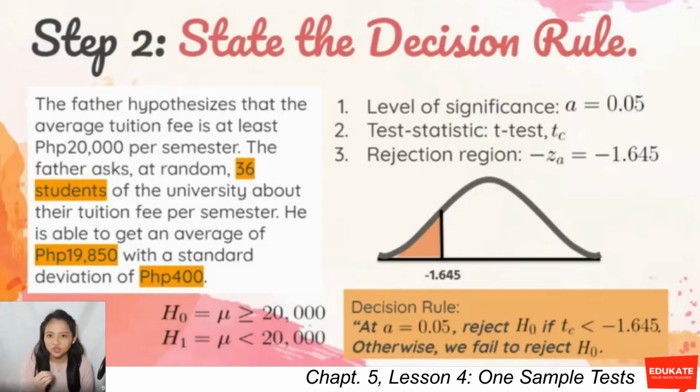So ang rejection region nasa left. So negative z sub a equals negative 1.645. So our critical value would be negative 1.645. Thus, our decision rule would be at alpha equals 0.05. We reject the null hypothesis if the computed test statistic is less than negative 1.645. Otherwise, we fail to reject the null hypothesis.